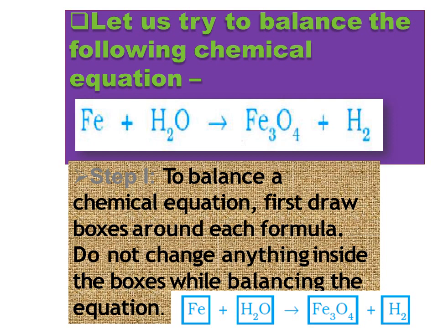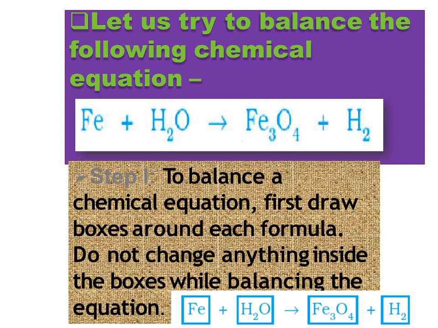Now let us try to balance the chemical equation by a method. The name of the method is hit and trial method. Let's take an example, that is Fe plus H2O will form Fe3O4 plus H2. Now there are various steps, starting with step number 1. To balance a chemical equation, first draw boxes around each formula.